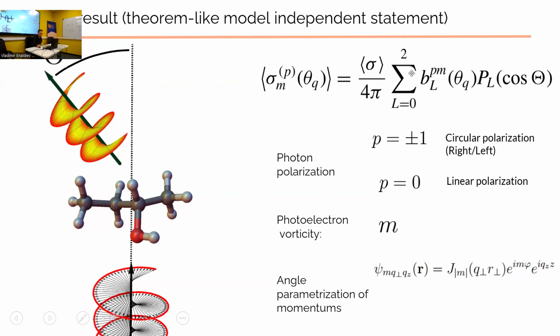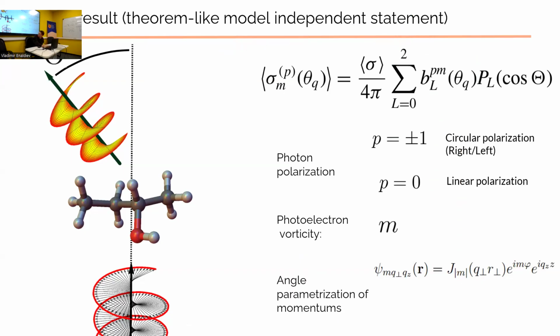L0, 1, and 2. It means that after averaging over molecular orientation, we have a few observables. Of course, the total cross section, which again is not interesting for us, and three constants B, L, P, M. P is the photon polarization. It can be plus or minus 1 for circular polarization, right and left, and P0 is linear polarization, and M is the photoelectron vorticity.